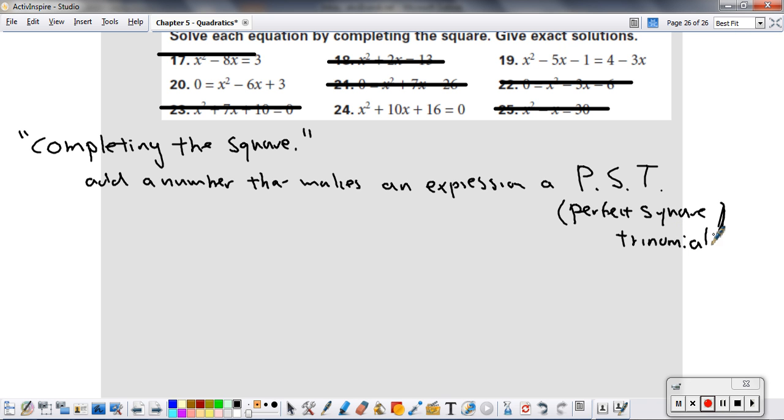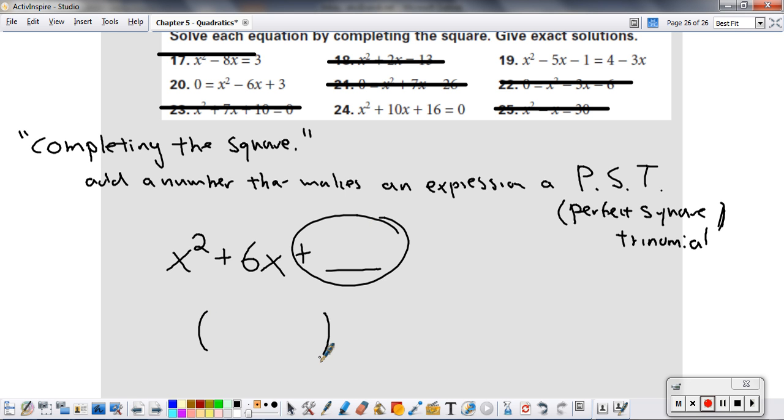So what does that mean? Well, let's take, for example, x squared plus 6x. What number do I have to add in here in order for me to get a perfect square trinomial? Meaning I can write this as x plus something to the power of 2. So remember, we've talked about this.